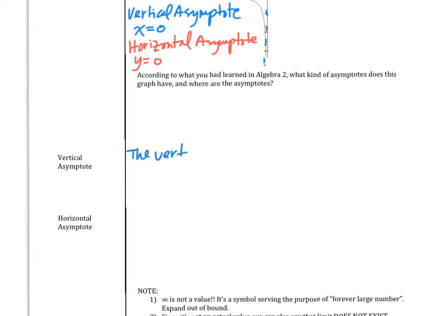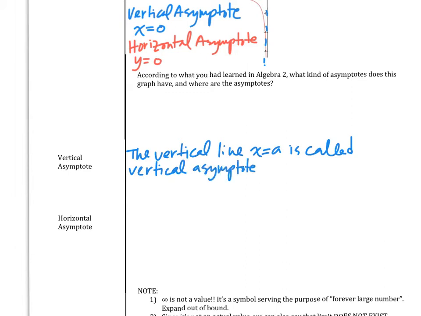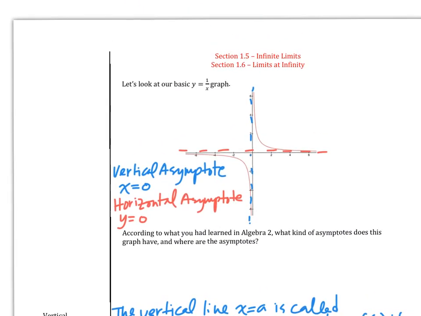The vertical line x equals a is called a vertical asymptote on the graph y equals f of x, if... okay, so now let's look at this graph.